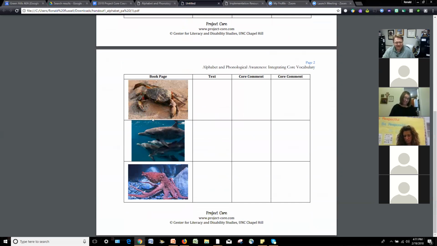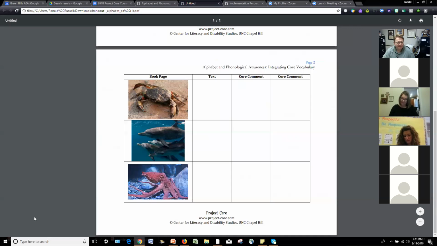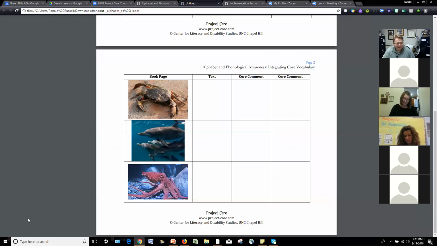Here are our three examples, three potentially high interest animal pictures. Would you propose what text might be for that page, and then a couple core comments that you think you could use. Let me give you a few minutes to do that, and then we'll come back together as a group.